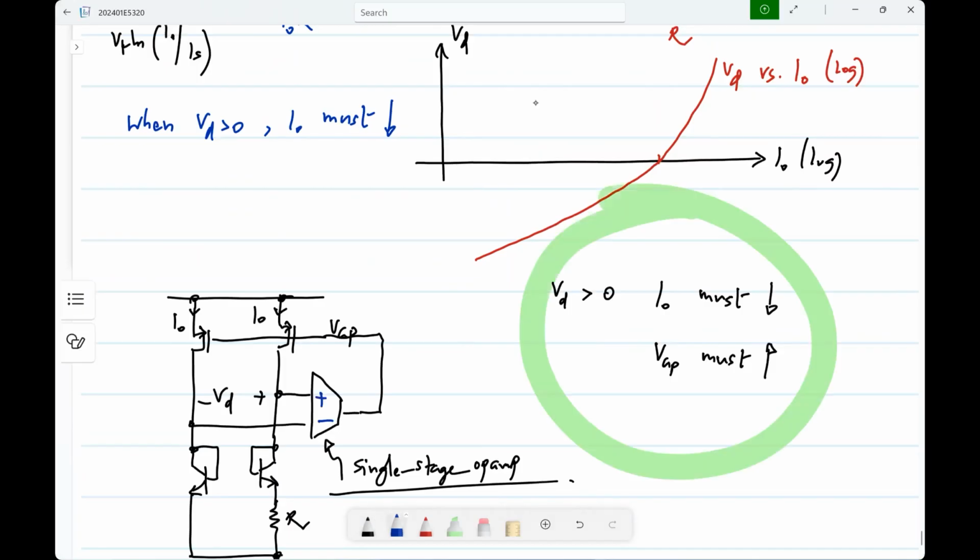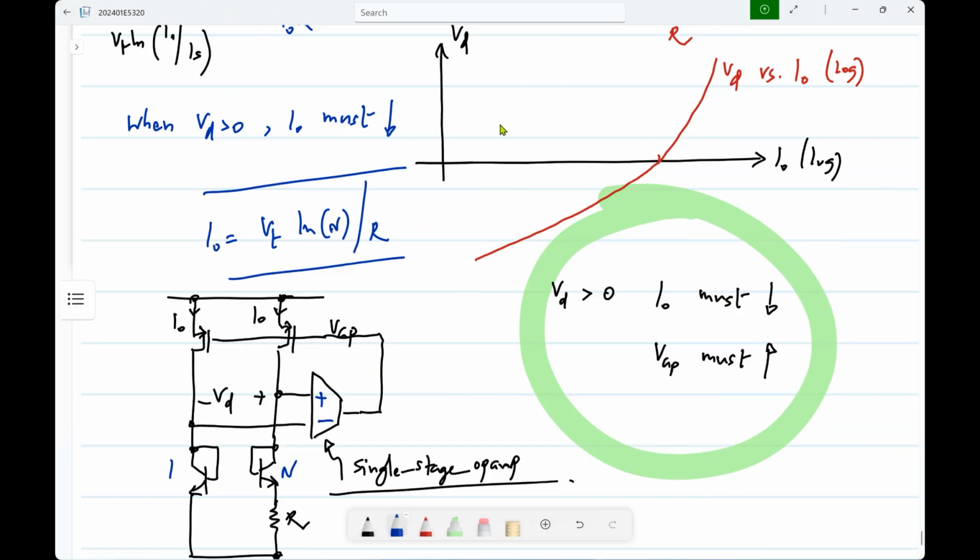So this is the signal. This will be Vt. Of course, these are different sizes, 1 and n. Vt log n by r. Is this fine? This clear?